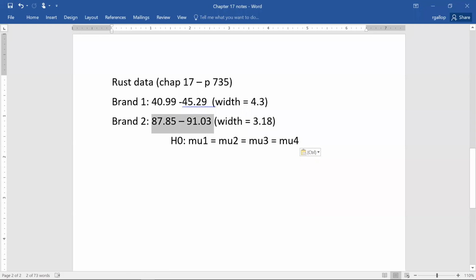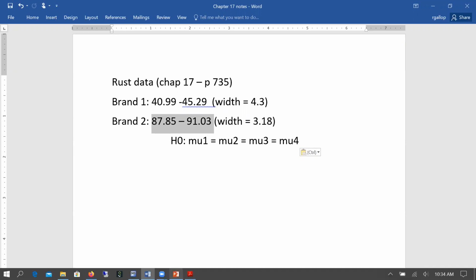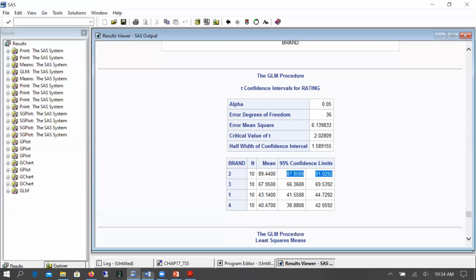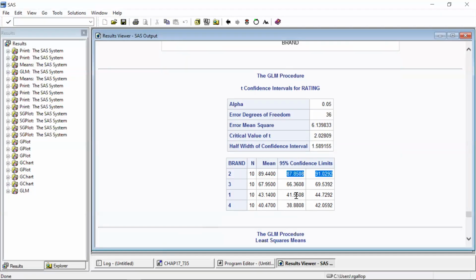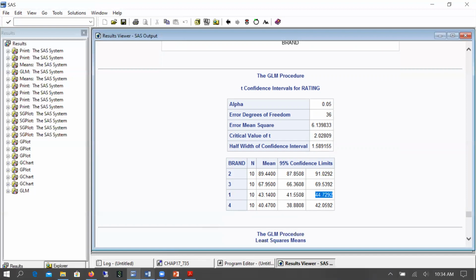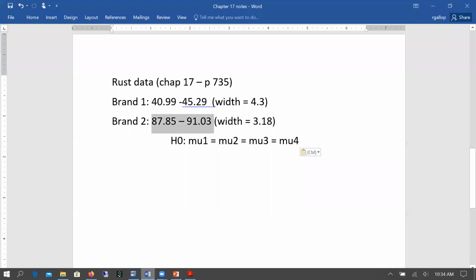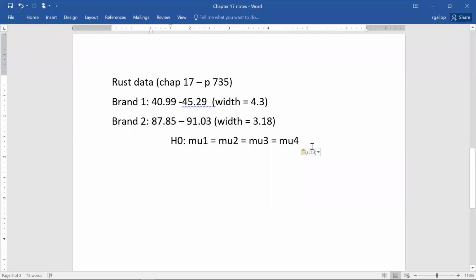Well, actually, let me correct that in this case. Go back to the output: 87.85, 91.03. Brand 1, 41.55, 44.73. If we go here, it's not the same, right? So let's write this down really quick.